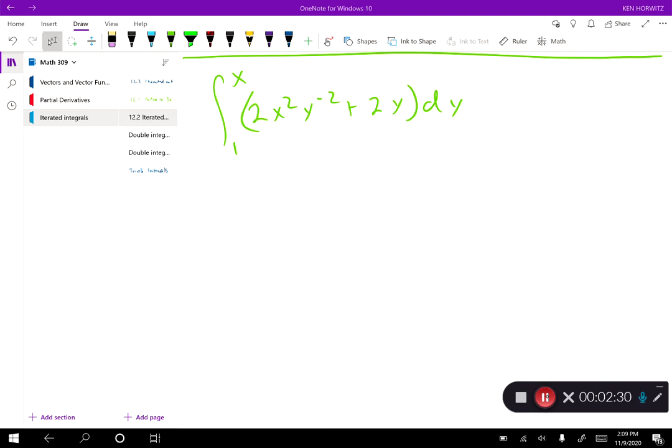All right, I hope you thought about it. I wound up with negative 2x squared over y plus y squared from 1 to x.